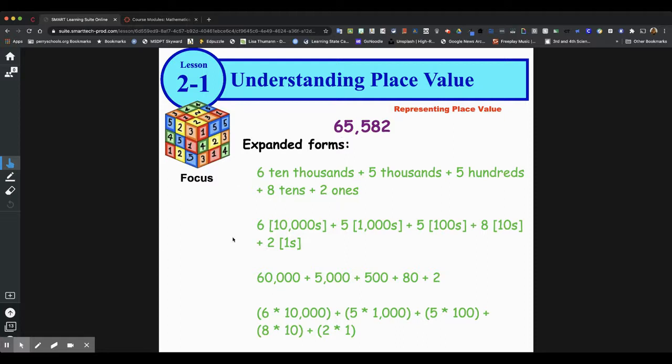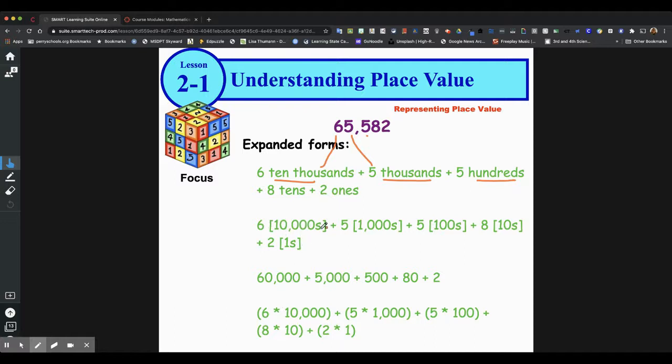We know because each number is in a different place value. Okay, so we see that the 6 is in the 10,000s, the 5 is in the thousands, the next 5 is in the hundreds, and so on. 8 10s, 2 1s. So each one of these represents that.